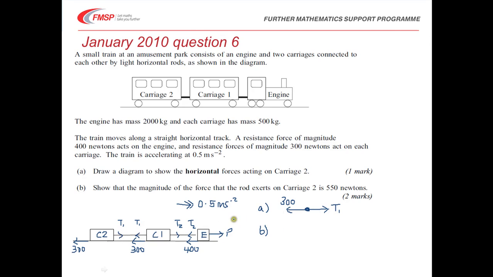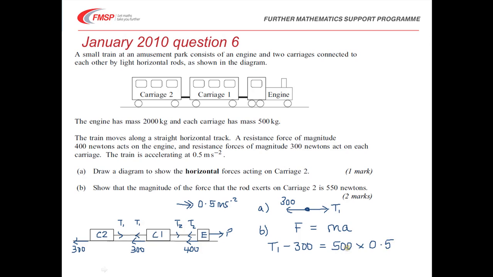So we know the acceleration. We know that using Newton's second law the resultant force is going to cause this acceleration, and the resultant force is going to be T1 minus the resistance 300, which will be equal to the mass, which is 500, remember, for the carriage, times the acceleration, which is 0.5.